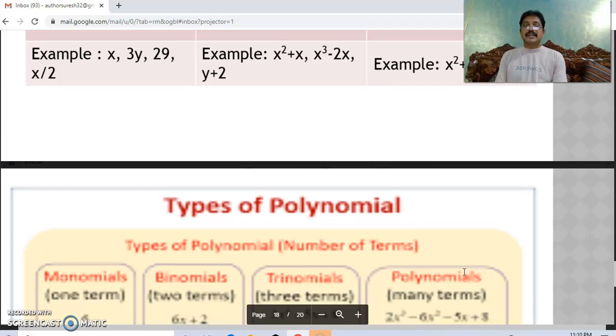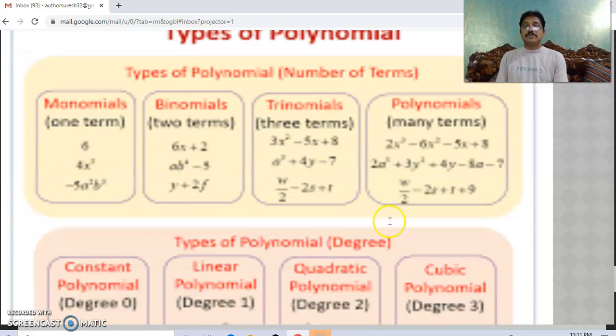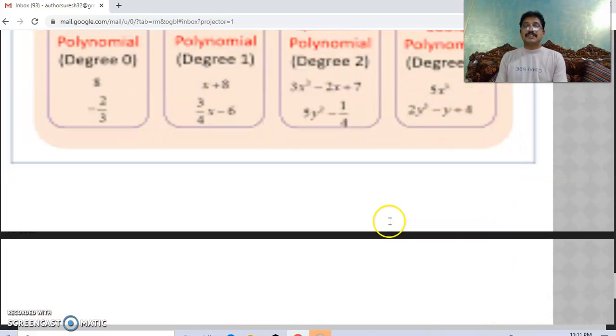Okay. Now you know the types. According to the number of terms, we say monomial, binomial, trinomial, and if there are many terms then polynomial. According to the degree, we say constant polynomial, linear polynomial, quadratic polynomial, and cubic polynomial. Is it clear?